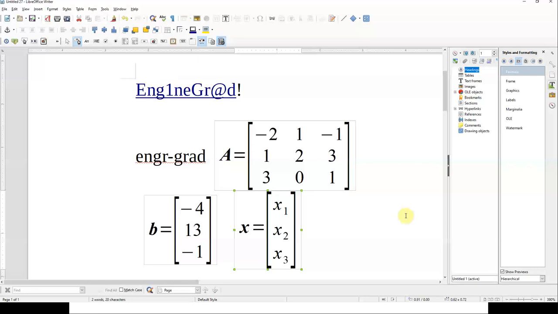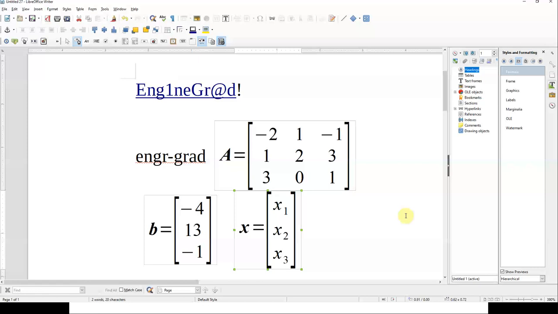I'm going to multiply it by x1, x2, x3. This is how you multiply matrices and vectors, the same thing as the dot product: first element times first element, second element times second element. So I'm putting it like this. I'm multiplying these two things.